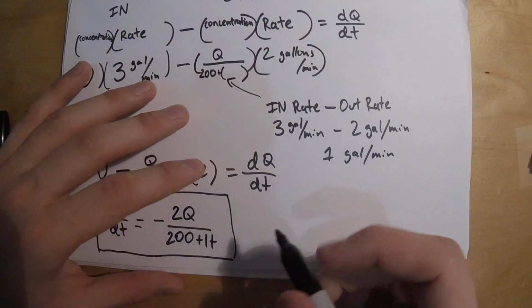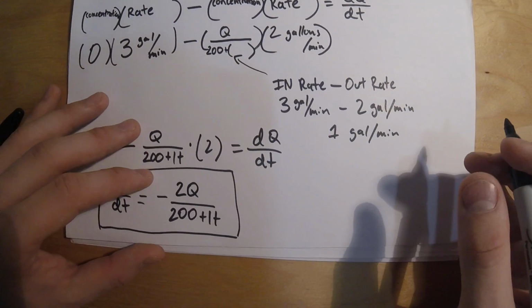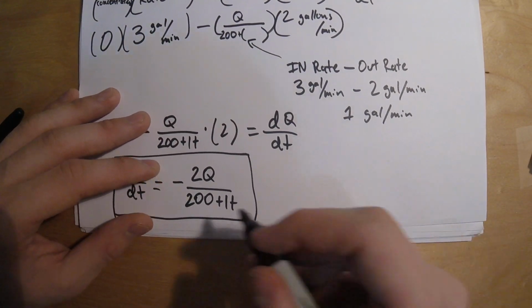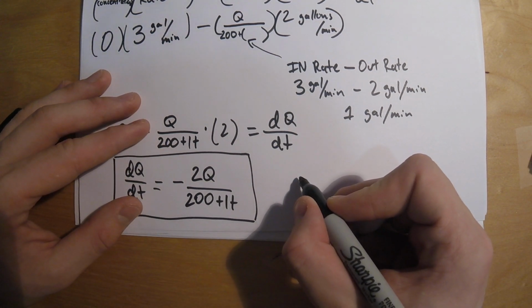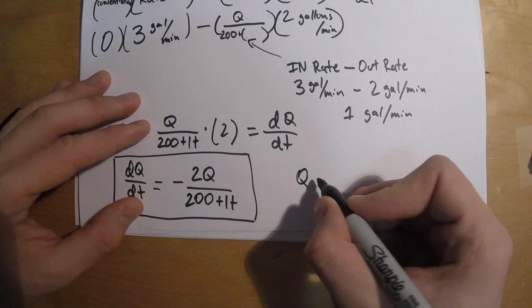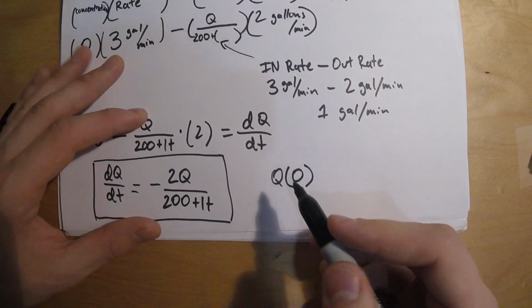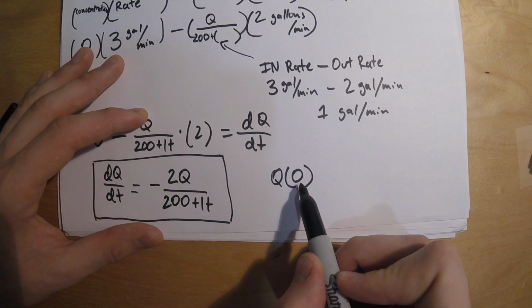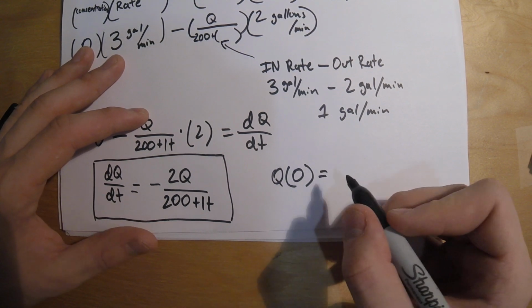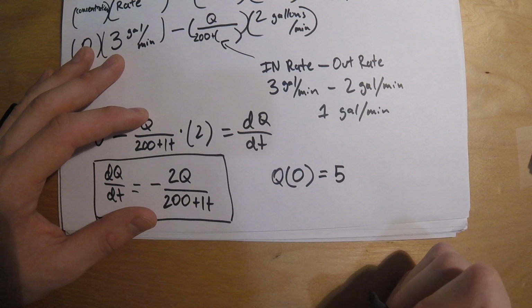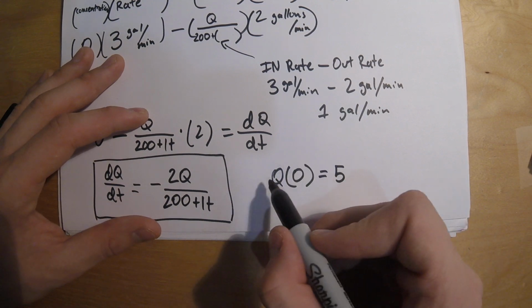So, in order to make sure that we write this in here, we are going to write Q of 0. That means that when T equals 0, there is already 5 pounds of salt. Okay, so this is significant.